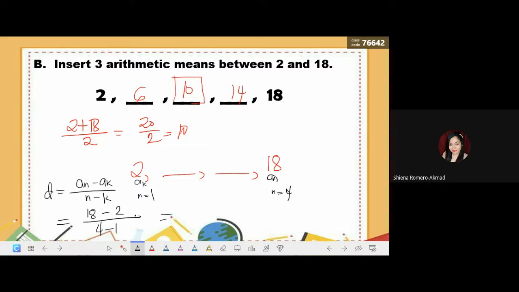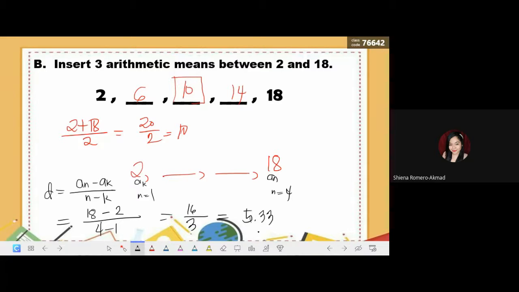So we'll have 18 minus 2 is 16. 16 divided by 3. What is 16 divided by 3? 5 point. Yes, Ashley. 5.3 po. 5.33. Okay? So the difference did not come out exact, but that's okay.